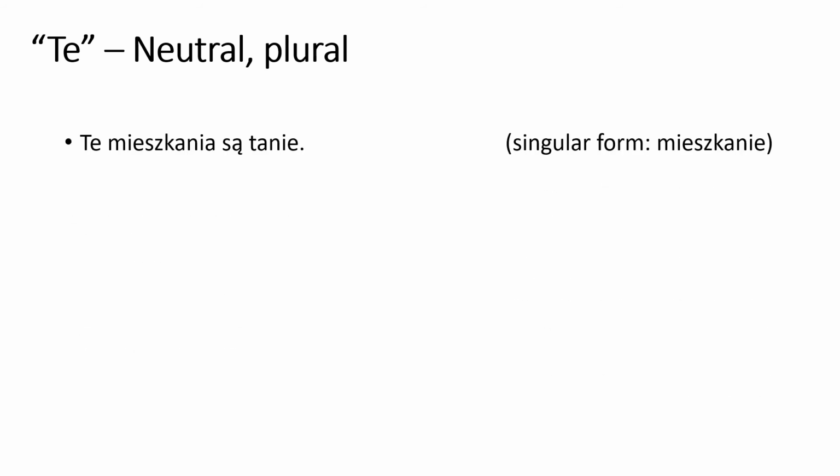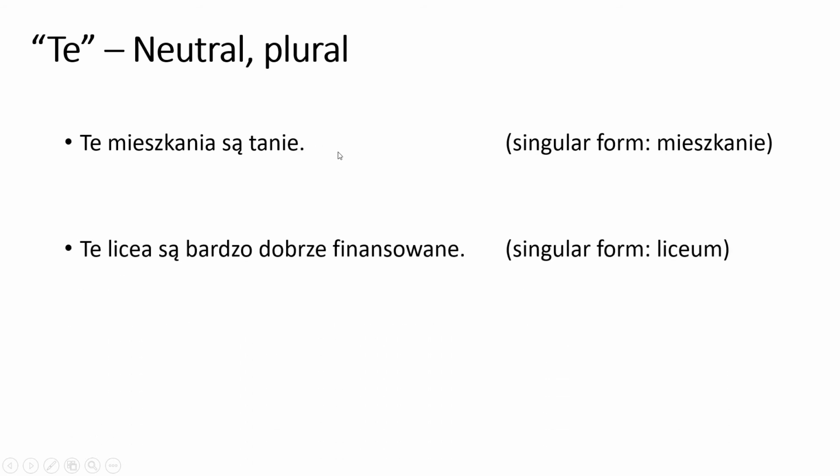Other examples. Te mieszkania są tanie. Mieszkanie was the singular form. It ends with e, so it's loyal neutral because it was neutral when it was singular. It's gifted with an ending a for plural. Te mieszkania są tanie. These apartments are cheap. Liceum.